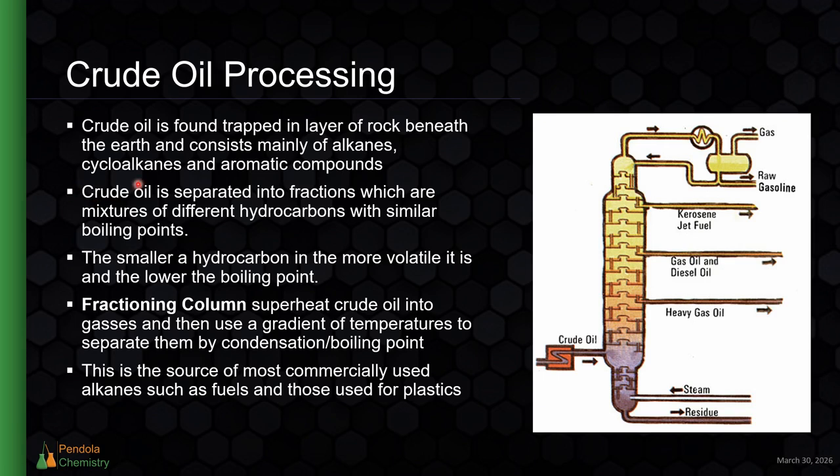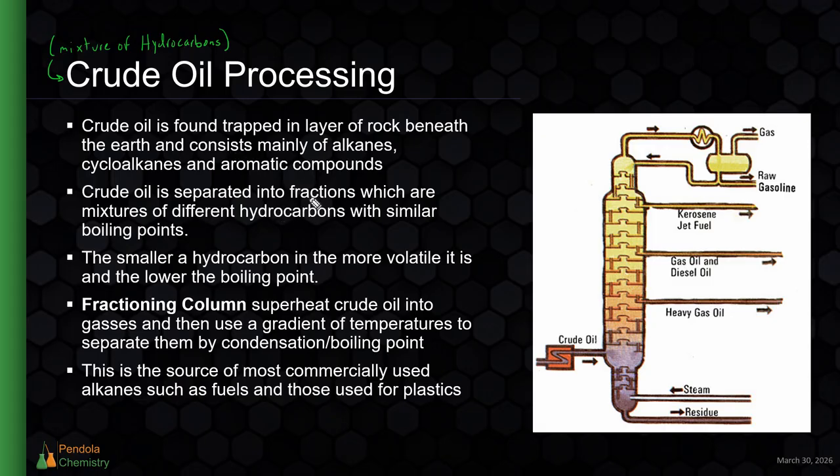In order to use crude oil, we can't use it just as it is. Because crude oil, like I said, is a mixture of hydrocarbons, right? And let's put that up here so we can keep remembering it. Crude oil is a mixture of hydrocarbons. So how do we process crude oil?